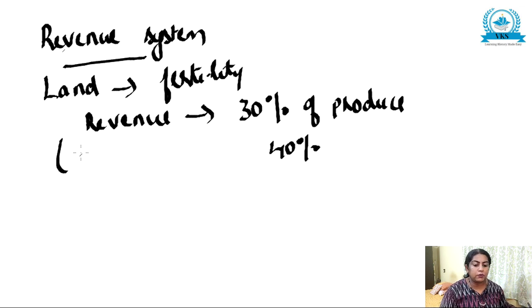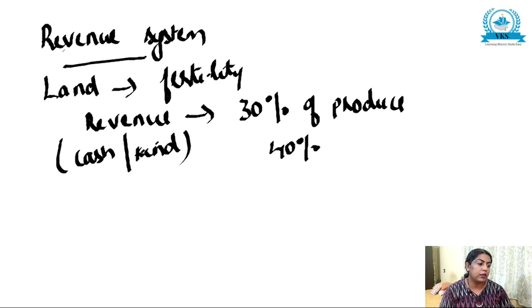And this revenue could be paid either in cash or kind. In 2 different ways revenue could be paid, in the form of cash or in the form of kind.